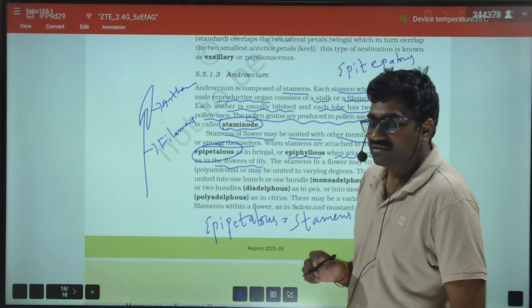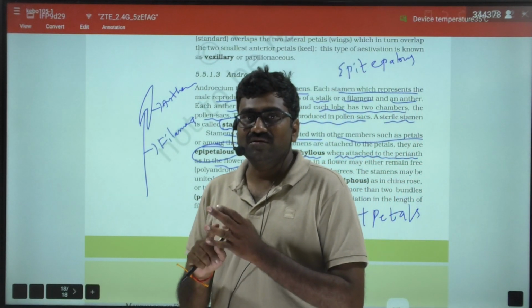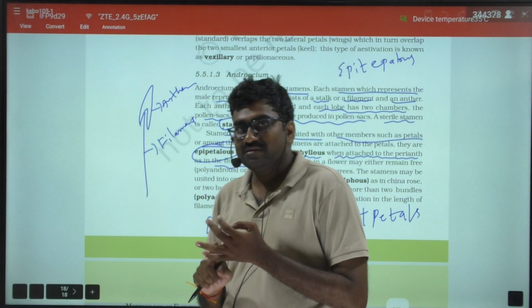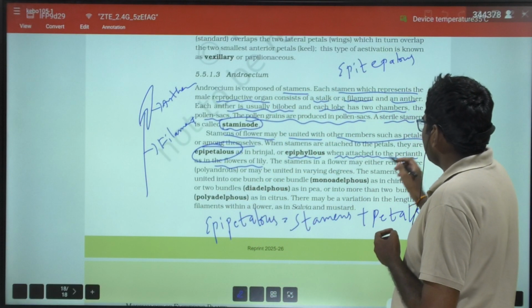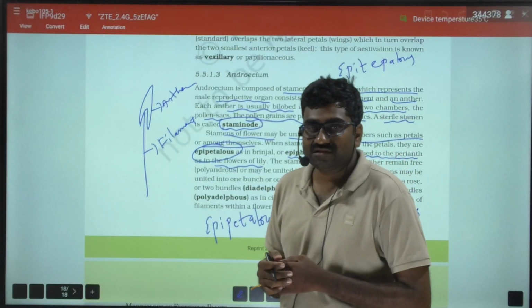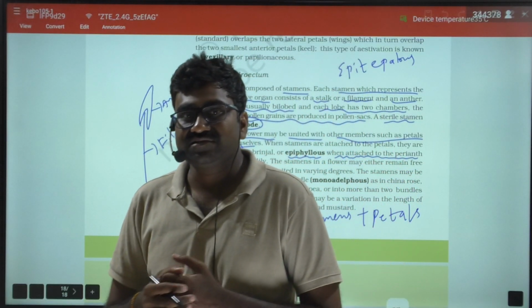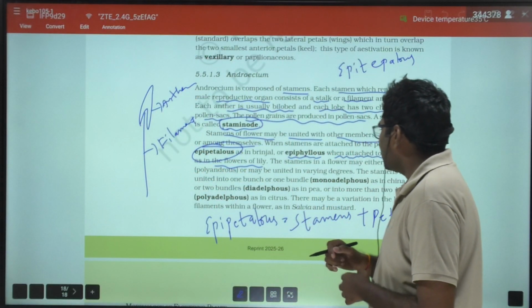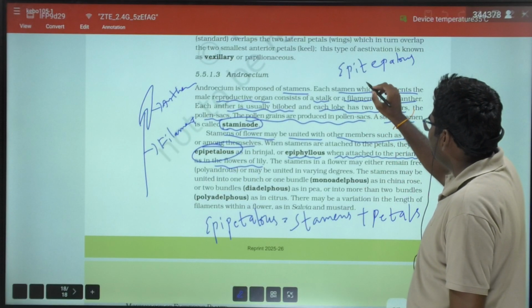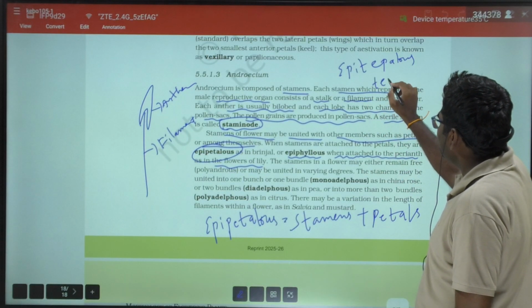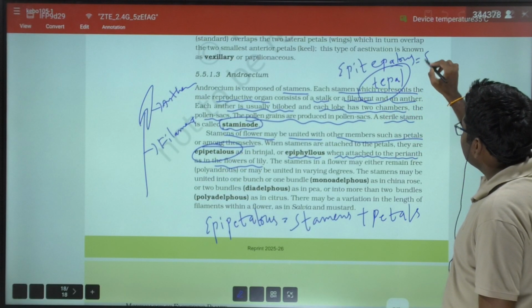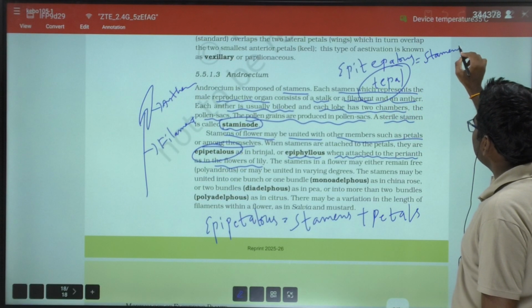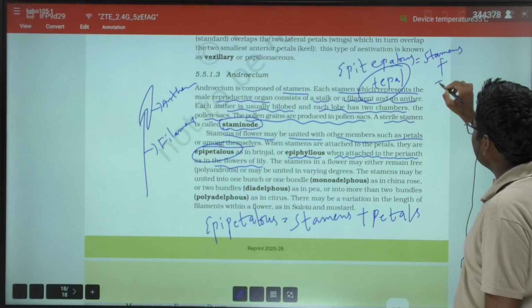In some plants we do not find calyx and corolla. Instead of calyx and corolla, perianth is present. That perianth is nothing but calyx and corolla fused to form a distinct structure. The unit of the perianth is the tepal. So epitepalous means when stamens are associated with the tepals.